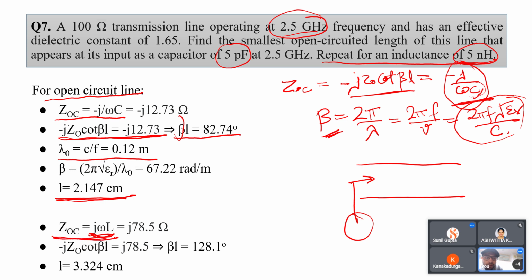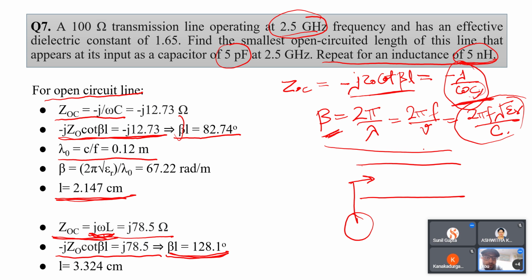So that's how you can calculate the value of ZOC, which will be equal to minus, sorry, j 78.5 ohm. So this will remain the same as minus j Z naught cot beta l. From there you can calculate the value of beta l, and beta you have already found from the previous question. That will not change because the parameters are the same here.